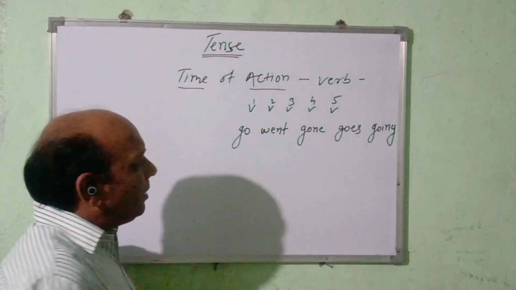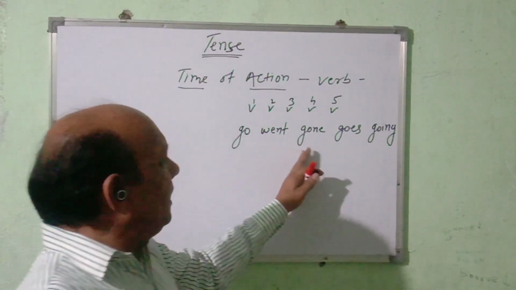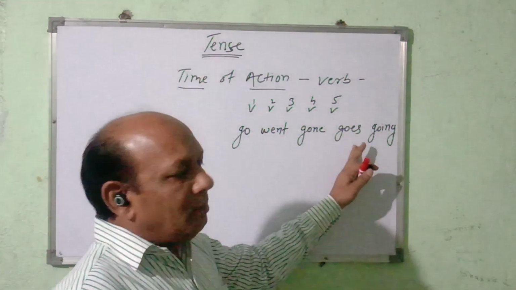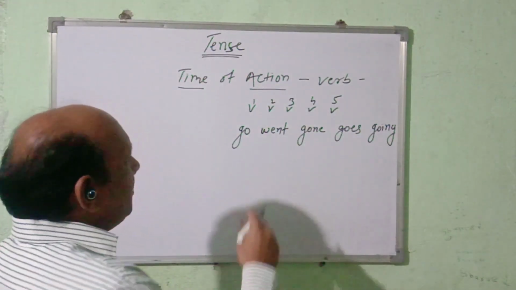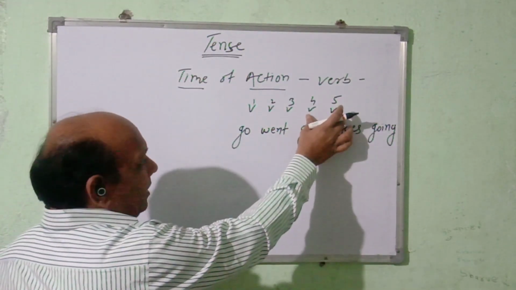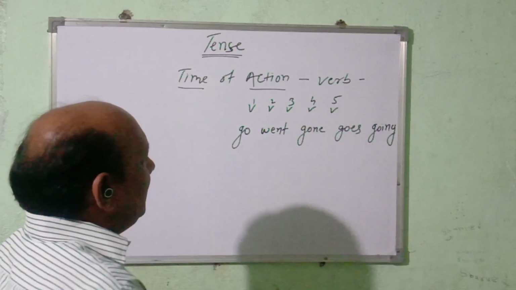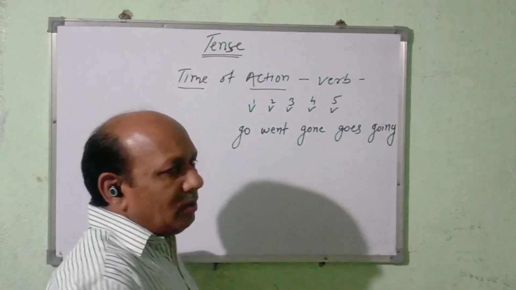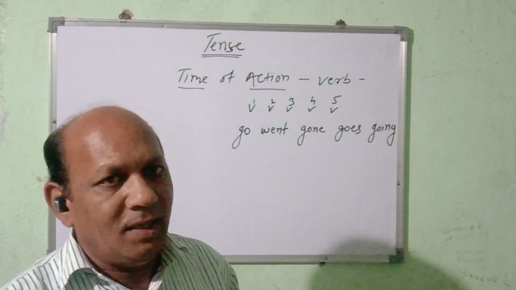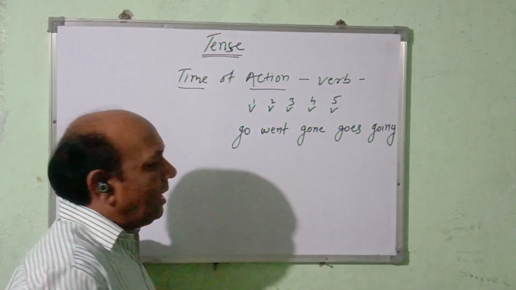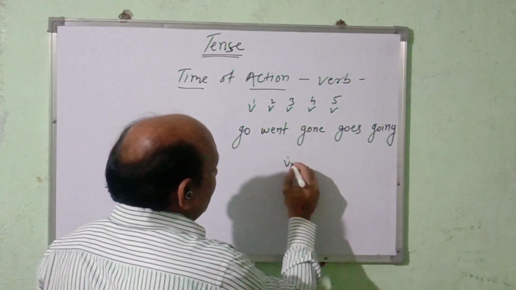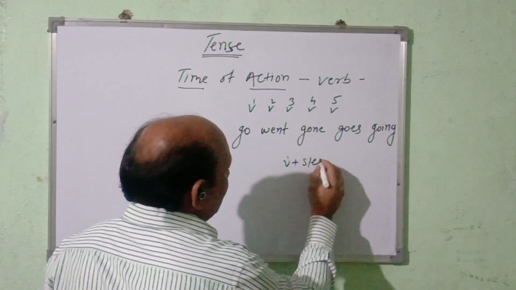So what is the difference between V1, V2, V3 and V4, V5? When you are talking about a singular subject in the sentence, we have to add V1 plus S or ES.